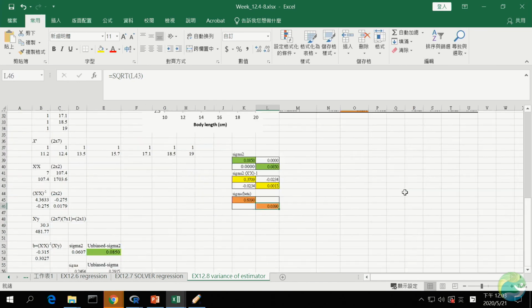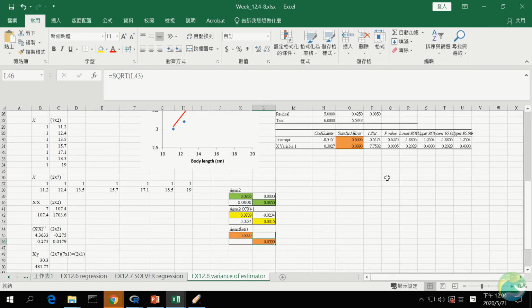Let's compare with the Excel built-in calculation, right? 0.6, 0.039, 0.6, 0.039. These are the same. So I did the hand calculation based on the property of the maximum likelihood method.